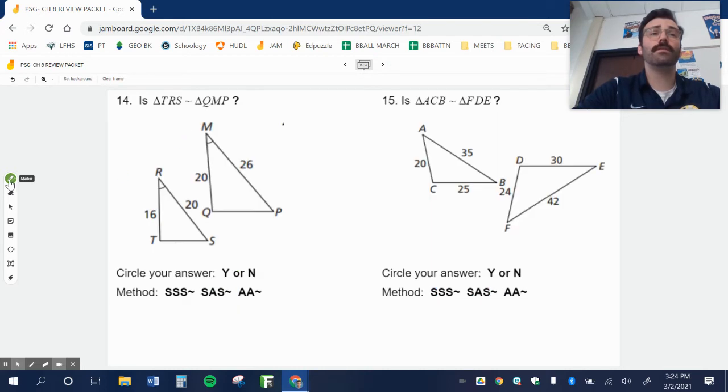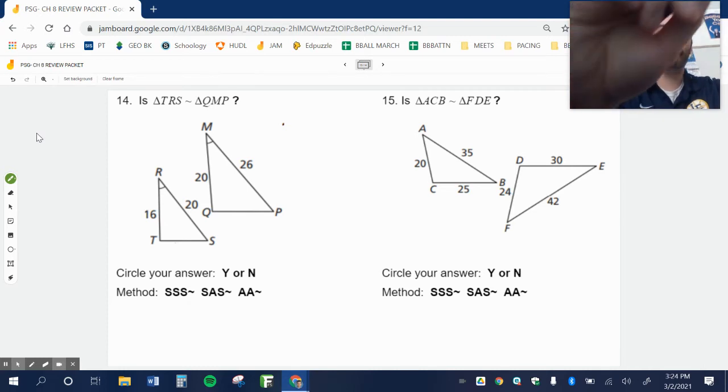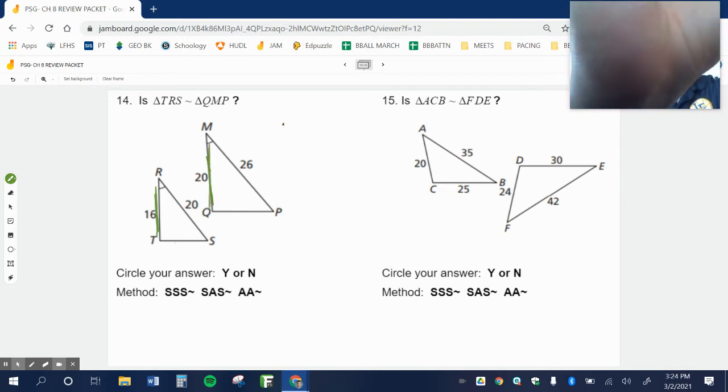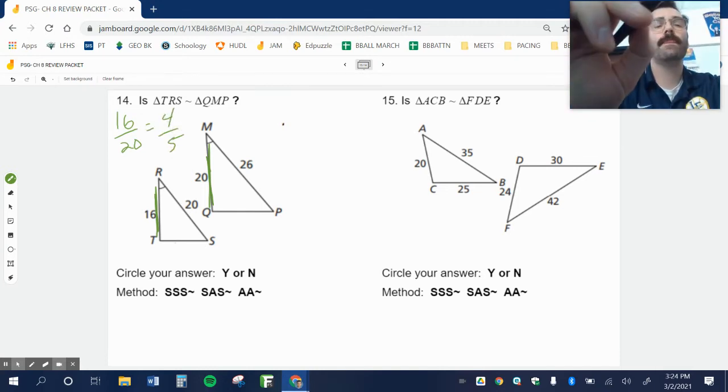All right, let's look here. All right, our proportional sides. What sides are proportional? Okay, T to R corresponds with Q to M. So I have 16 over 20, which is equal to 4 over 5.